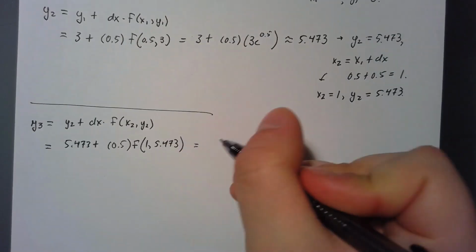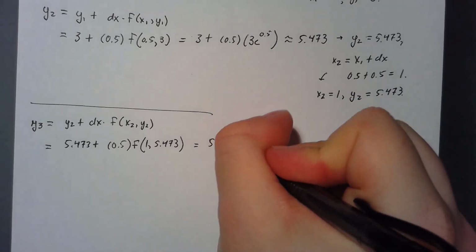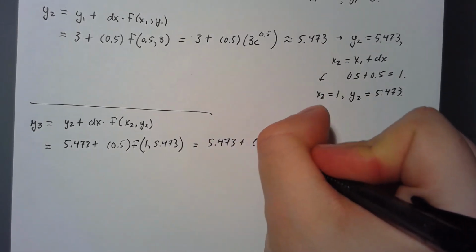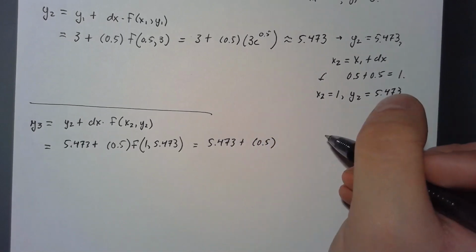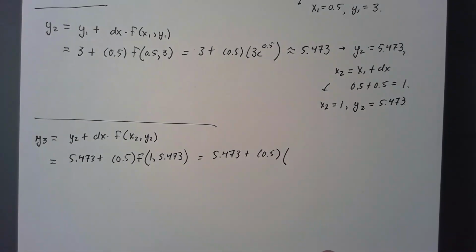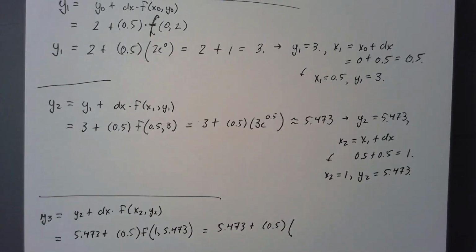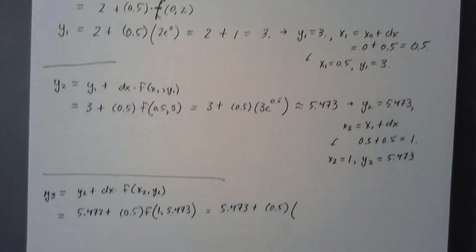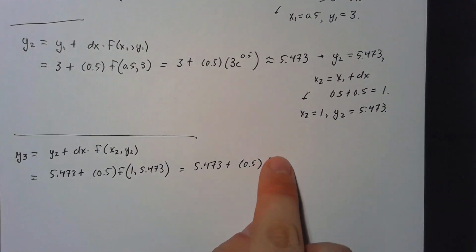So when you go through that rigmarole, what's this going to look like? It's going to look like y times e to the x, right? So this is going to be y times e to the x.